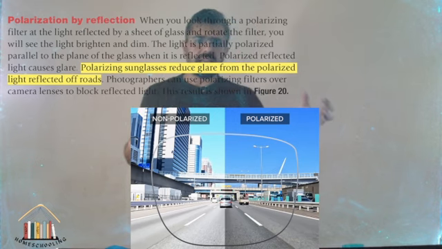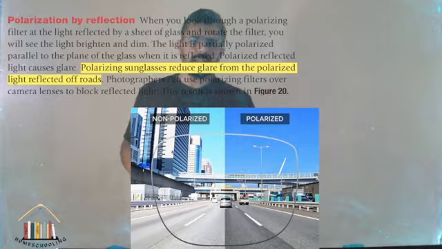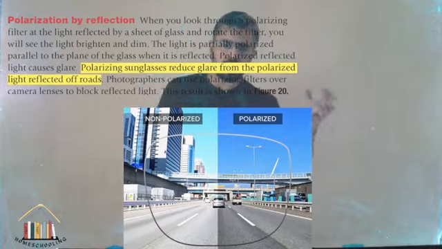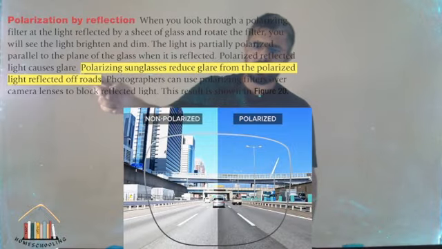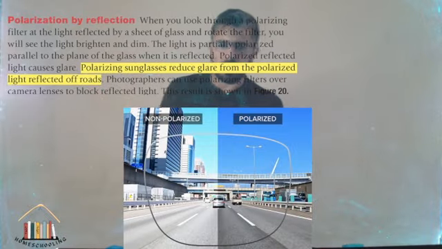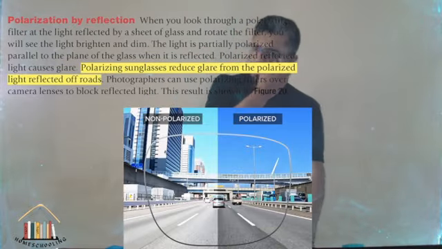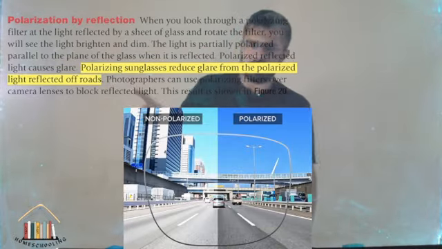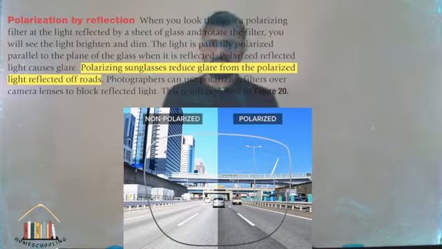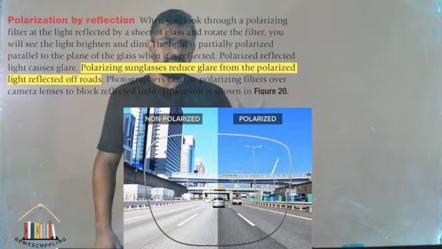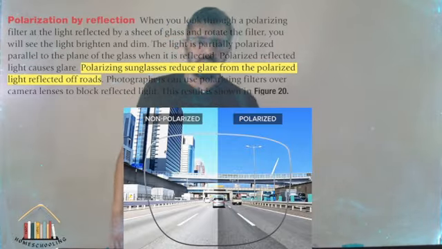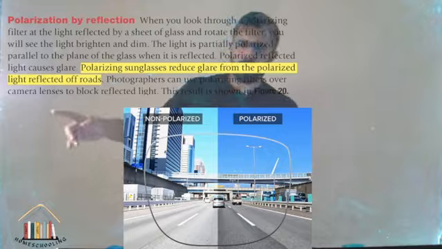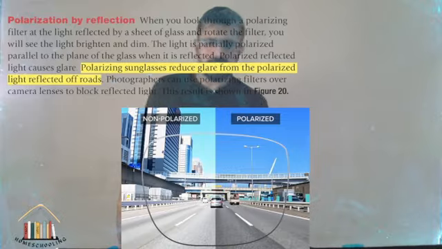So how do we reduce that? We make polarized sunglasses to reduce the glare from polarized light reflected off roads. These polarized lenses are also used in photography. Photographers use specific lenses or filters over camera lenses to block the reflected light. All right, let's continue.